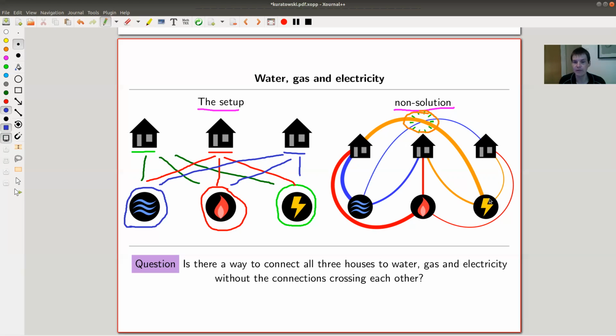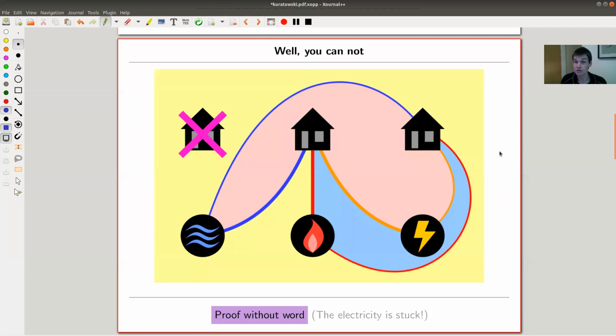And there's a very slick way of proving that. So you can't connect them without ever crossing lines. So this is kind of always the optimal solution. You can connect them by crossing once, but you can't connect them by crossing 0 times. And here's the proof, which I stole from the same website, linked in the description, of course. And it's secretly a proof without words.